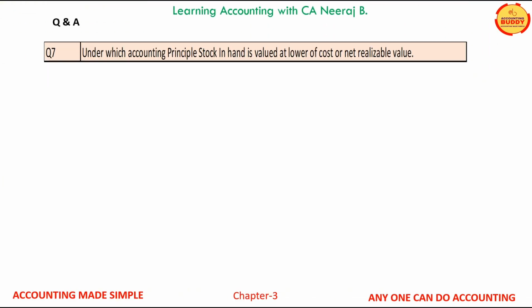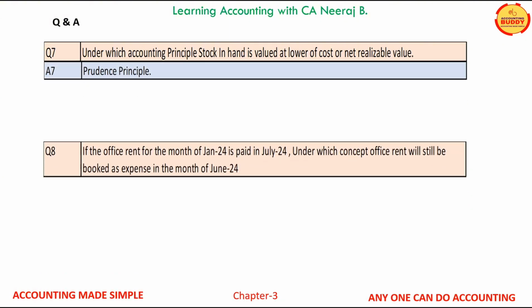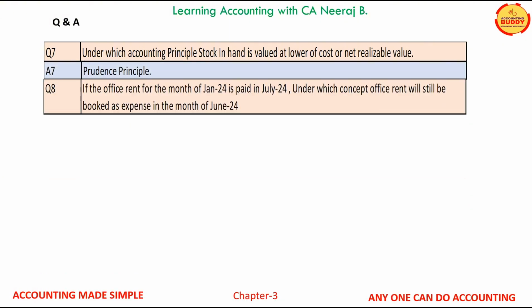Question number 7 on your screens. Under which accounting principle stock in hand is valued at lower of cost or net realizable value? The answer is prudence principle. Question number 8. If the office rent for the month of January 24 is paid in July 24, under which concept the office rent will still be booked as expense in the month of January 24?